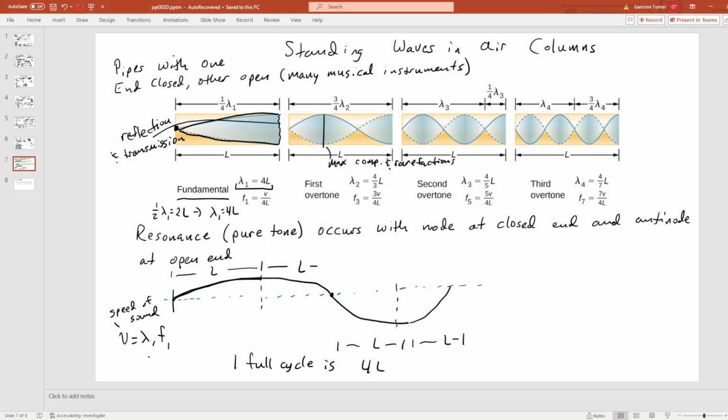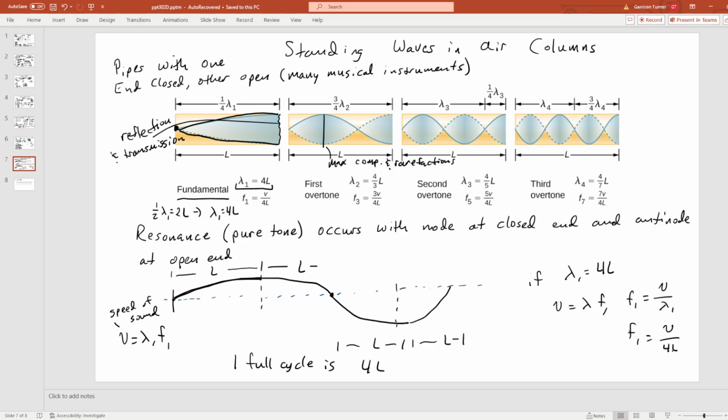Okay, so if I know the speed of sound in air, then I can calculate the frequency, right? So if lambda 1 equals 4L and V equals lambda F, then F1 has to equal V over lambda 1. But if lambda 1 equals 4L, then F1 equals V over 4L.